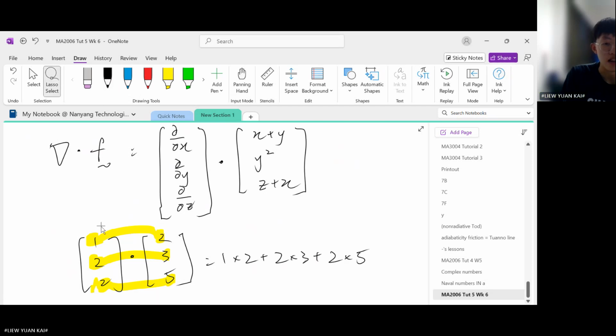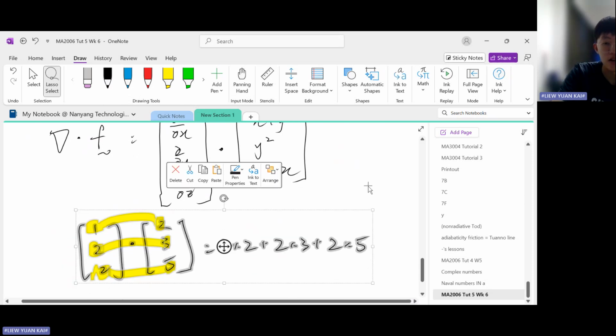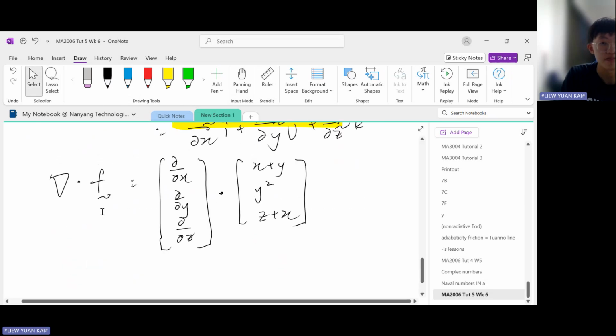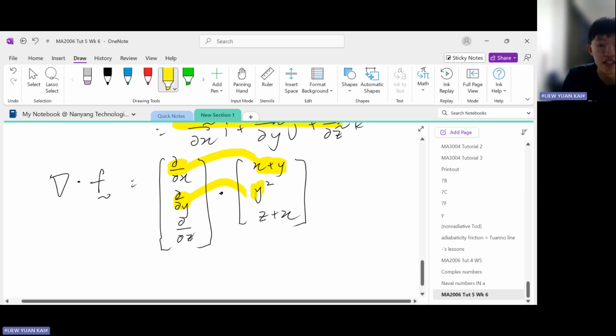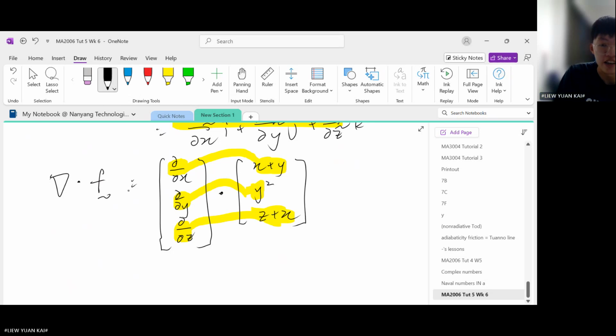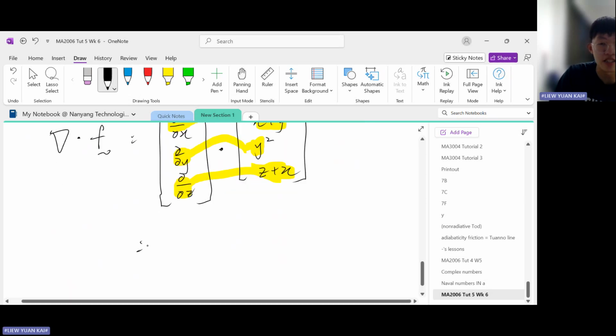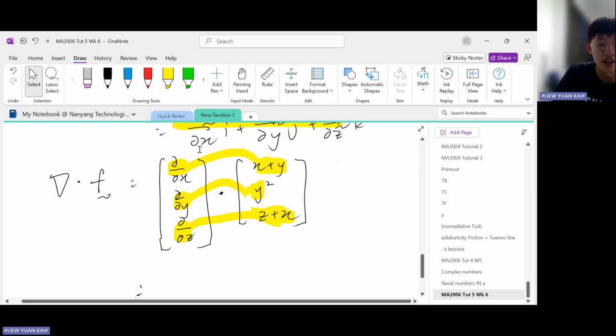Likewise, if you do dot product with the nabla vector, it will be this times this plus this times this plus this times this. In reality, I'm not multiplying them. I'm just taking the derivative on each of these functions.